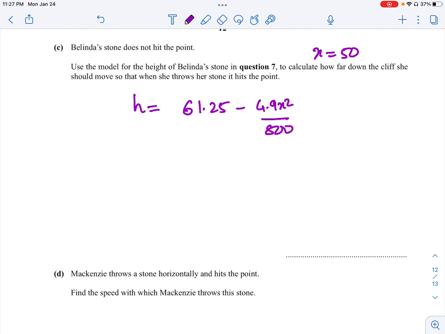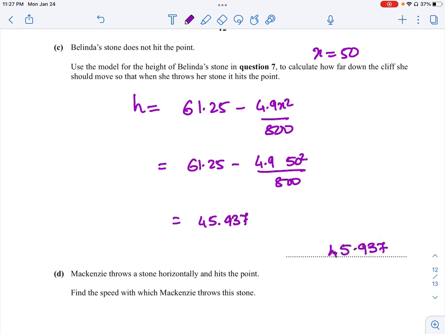It should be at a horizontal distance of 50. So 61.25 minus 4.9 times 50 squared divided by 800. Simplify that: 45.937. So if she is standing at a height of 45.937, it will hit at the horizontal distance of 50.